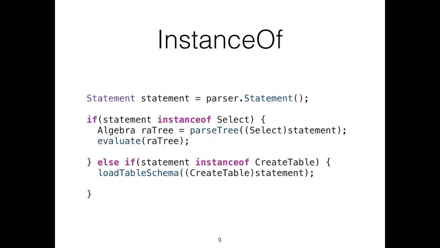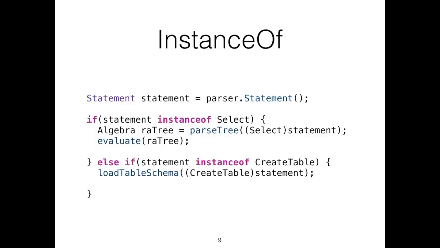So you're probably, in all likelihood, going to have several different blocks of code that look essentially like this, where you're going to test for the class that a specific object is an instance of, and then you're going to do something by casting that object to the class that you now know it is.